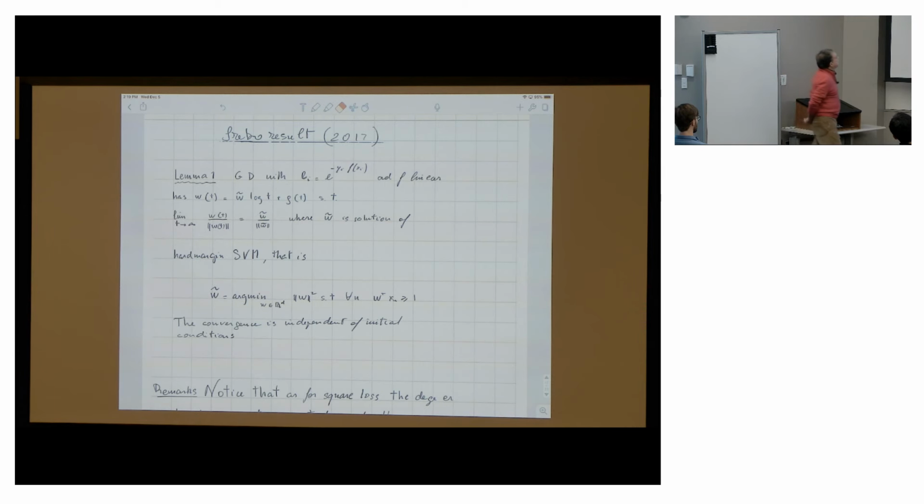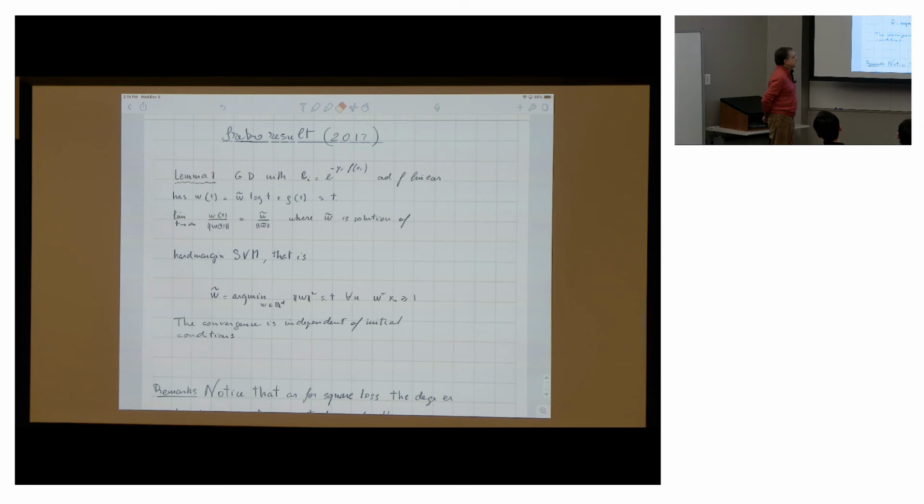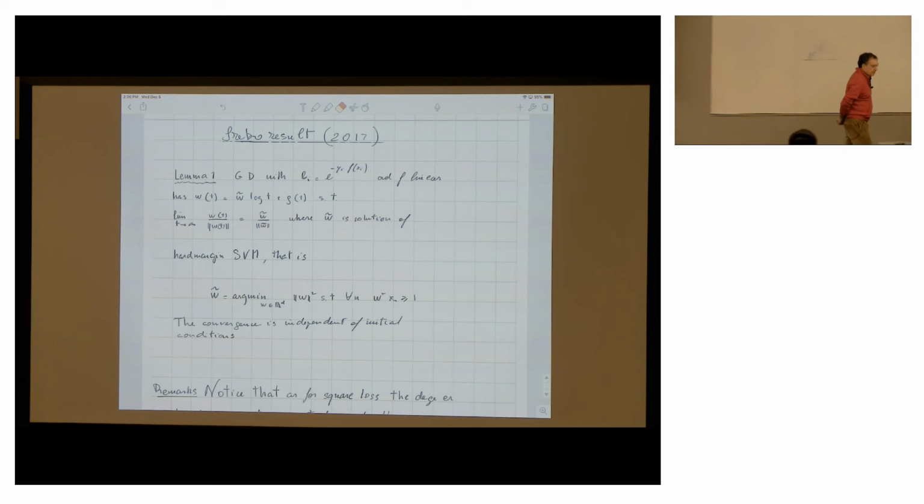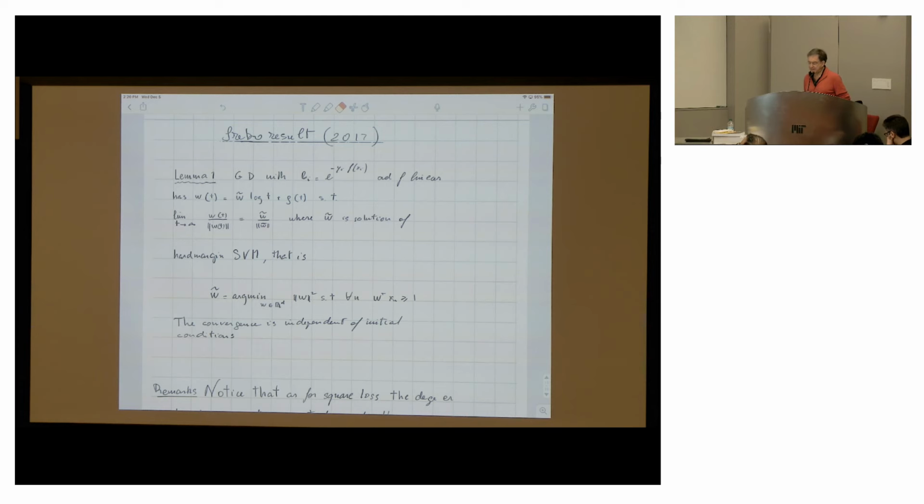It is w equals w-tilde log t plus some other term that grows with time, rho, but in such a way that the limit of w over its norm, the normalized vector, converges to the solution of the hard margin SVM.